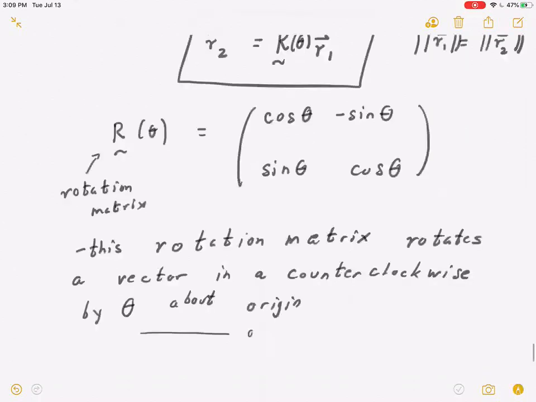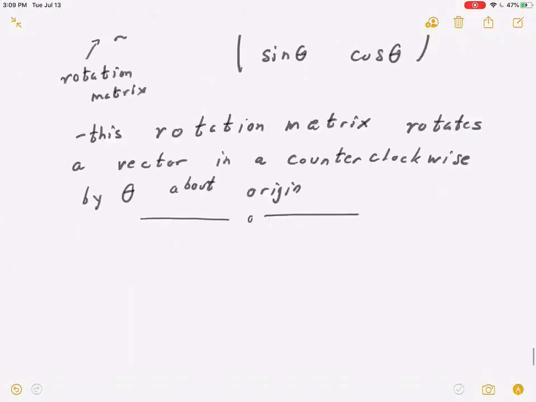Okay. So we've constructed this rotation matrix. Let's look at some properties of it. Created this creature. It does what we want it to do.